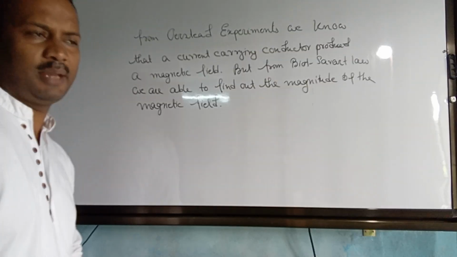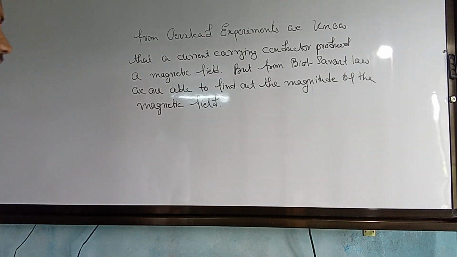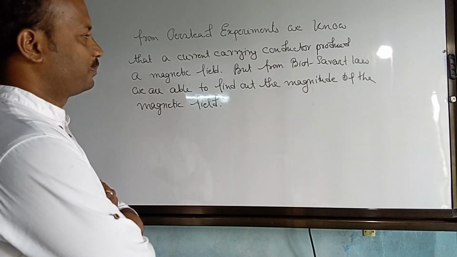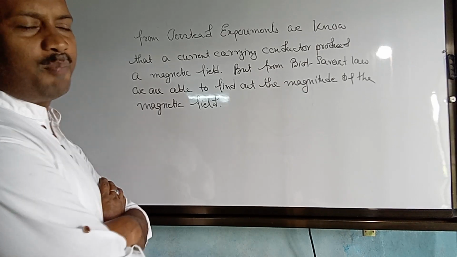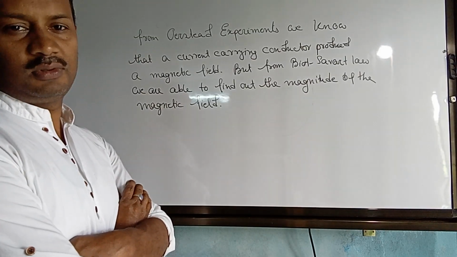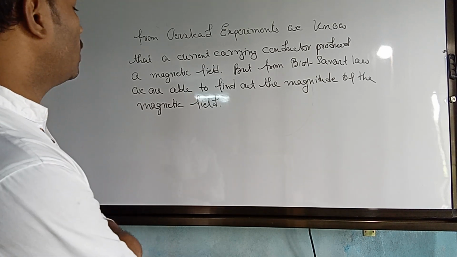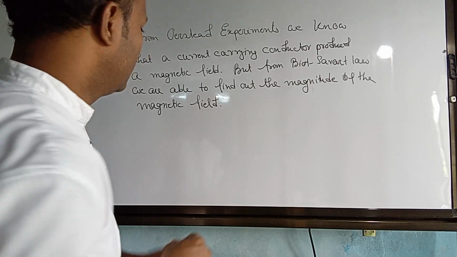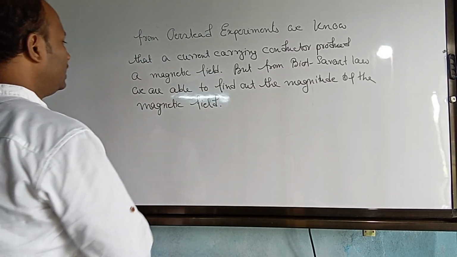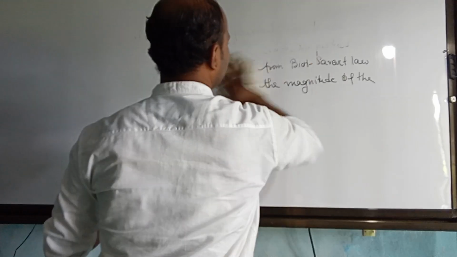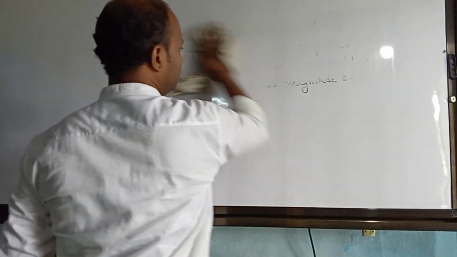From Oersted's experiment, we know that a current carrying conductor can produce a magnetic field. But from the Biot-Savart law, we are able to find out the magnitude of the magnetic field. Okay? Now, what we are doing? Look at this.